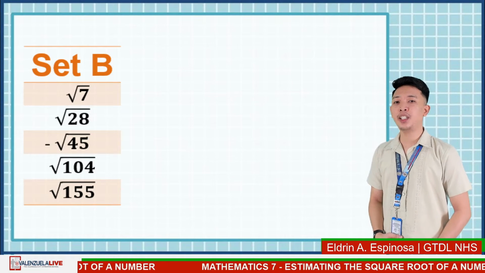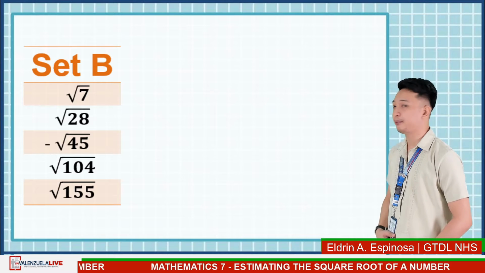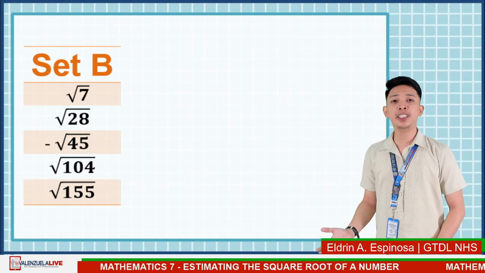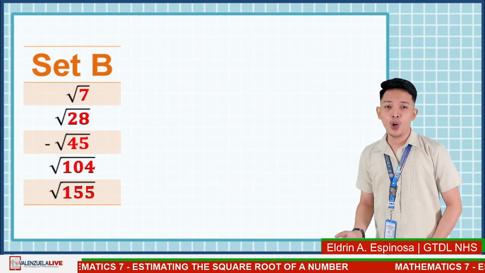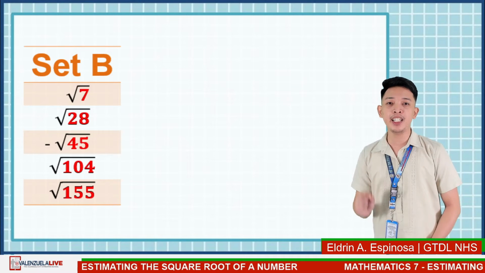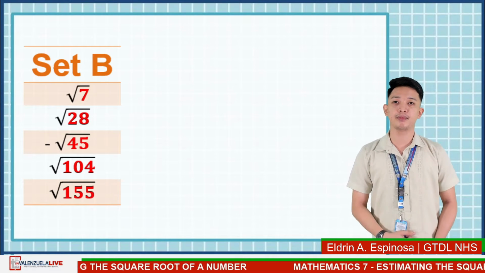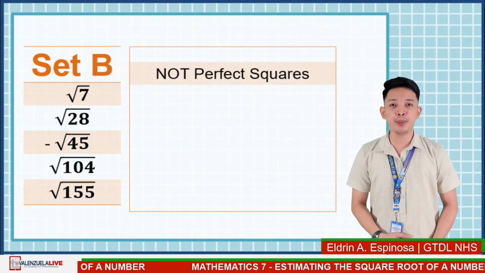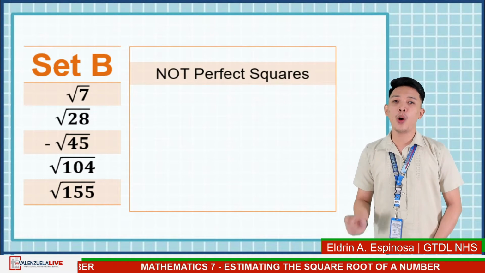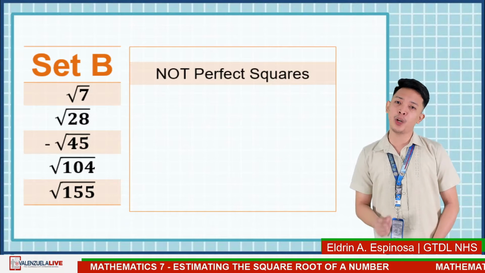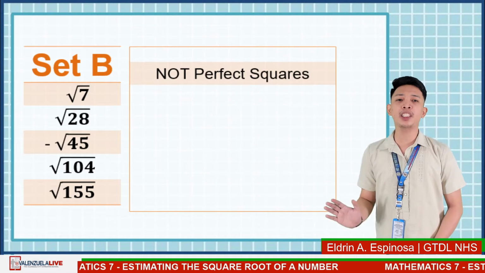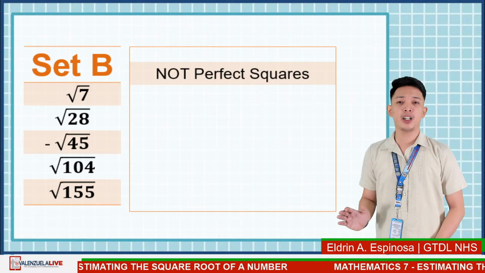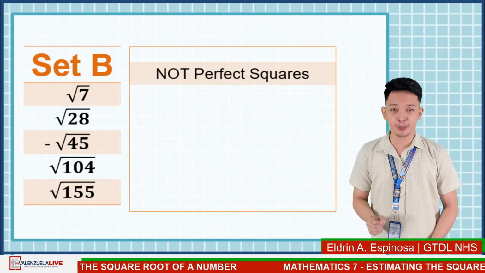Let us now consider the examples in set B. How would you describe the radicand or the number under the radical symbol? All right, they are not perfect squares. What happens when we get the square root of a number which is not a perfect square? What kind of number is produced?